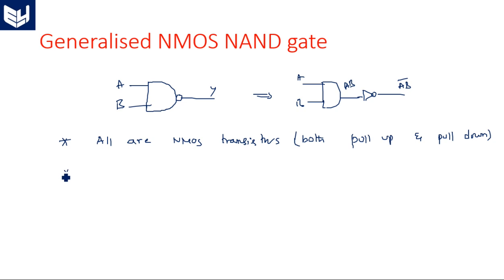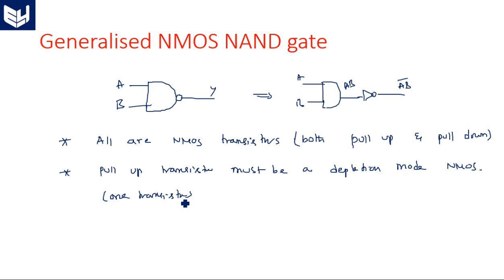Next, the pull up transistor must be a depletion mode NMOS. Only one transistor.